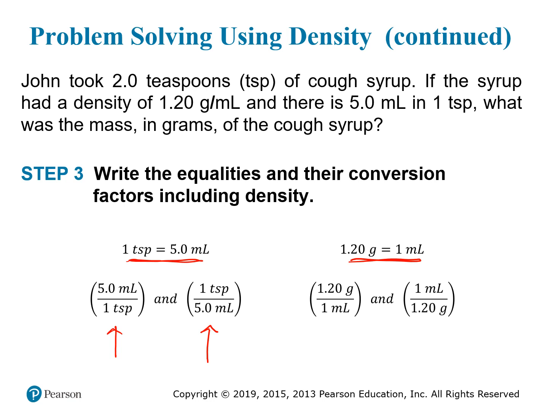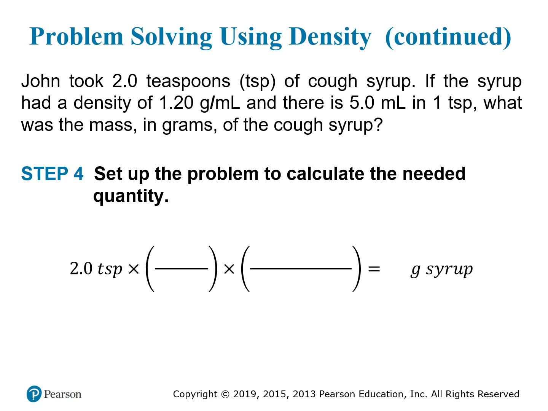Again, using density as a conversion factor means that it's a context-dependent conversion factor, that it will only apply to this problem or to problems involving this particular type of cough syrup. And so the conversion factor that we get from there is either 1.20 grams per 1 milliliter, which is really just the density, or it's the reciprocal, the inverse of the density.